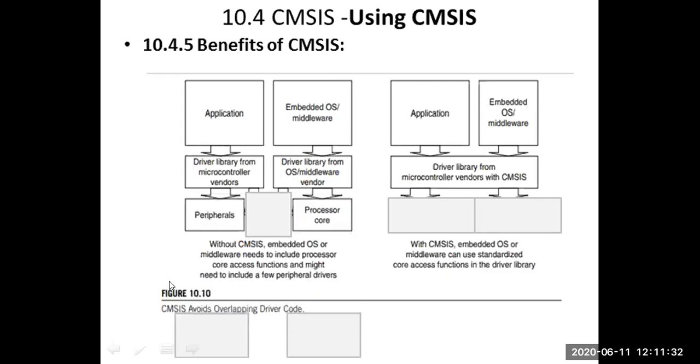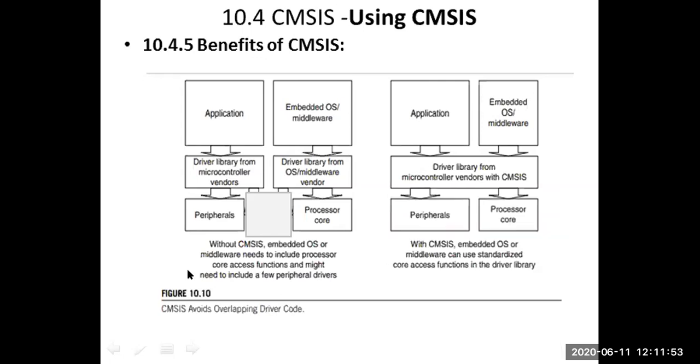We'll see how. Connections with peripherals and with the processor: you need to connect to the input ports, output ports, and use serial interface and parallel interface devices. So when there are different device driver libraries for hardware and for OS, the connections will be complex. How the connections are done, we'll see.